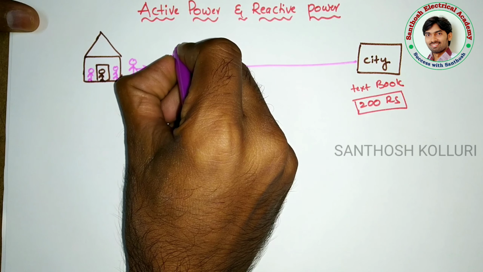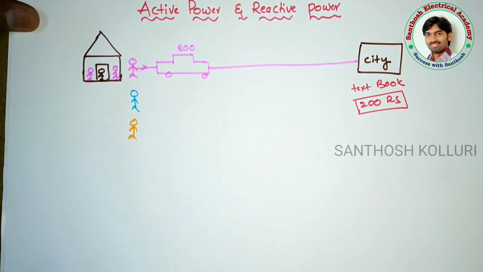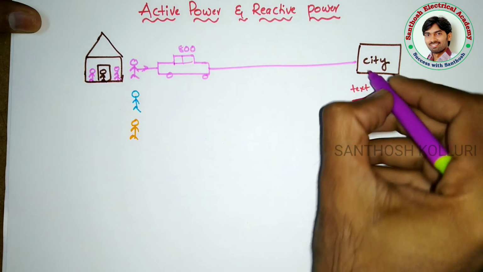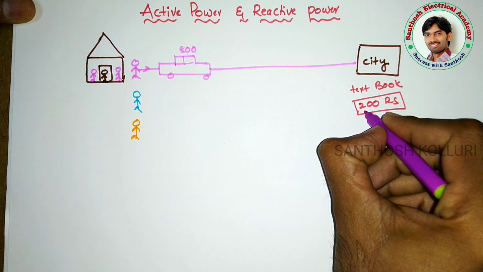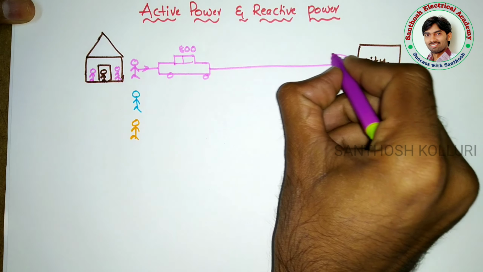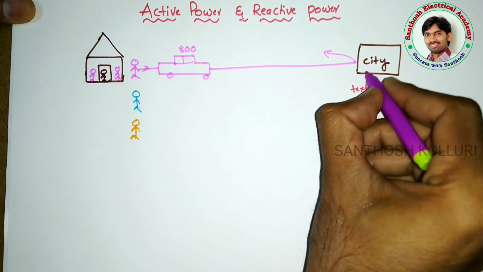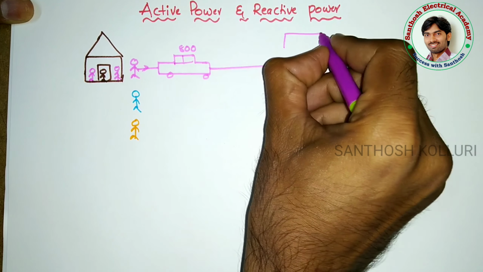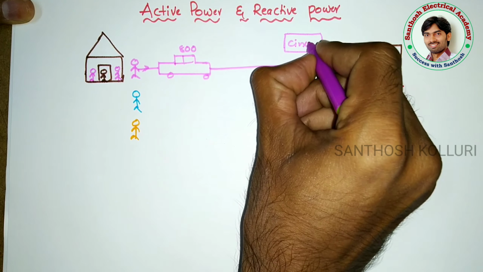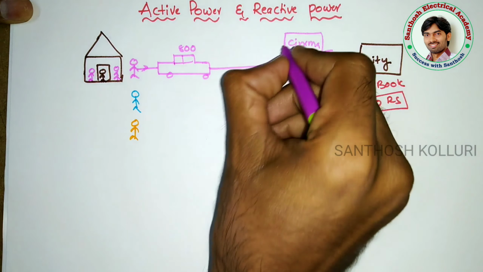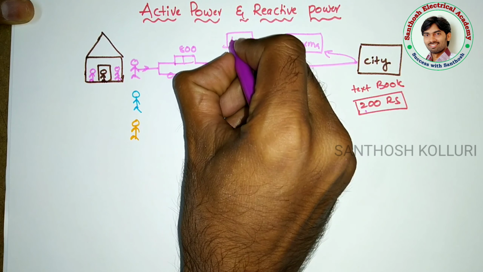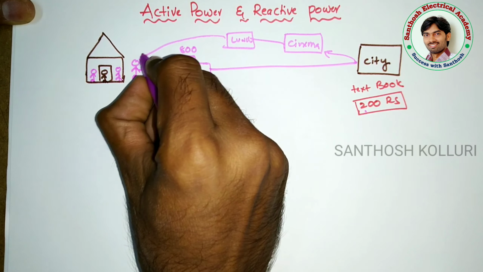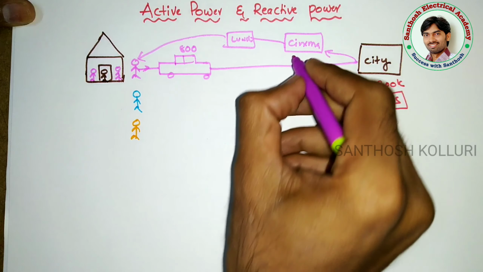The cost of the cab is 800 rupees. Then after taking the textbook of 200 rupees, while returning he does not come directly to his home. Instead, he goes to a cinema theater and has lunch, then comes home.